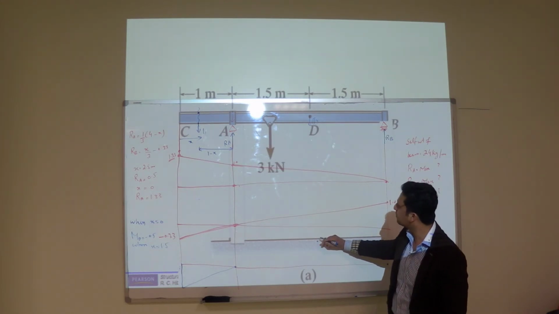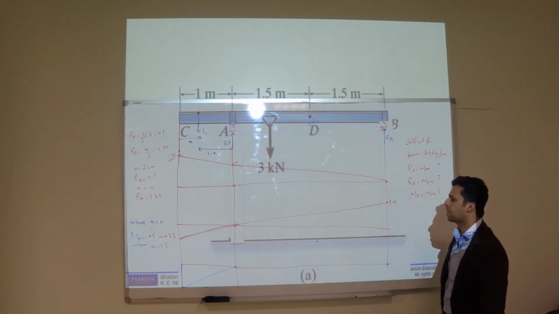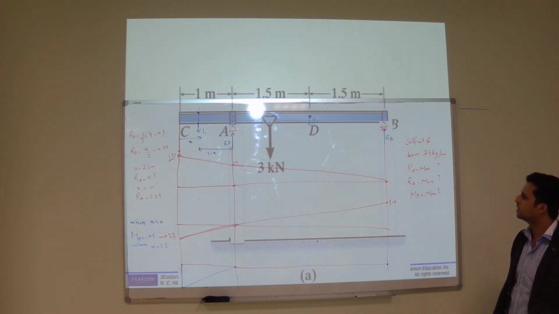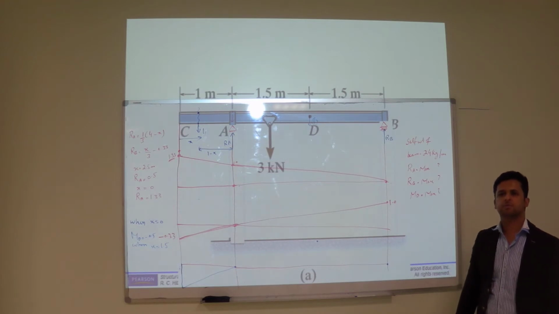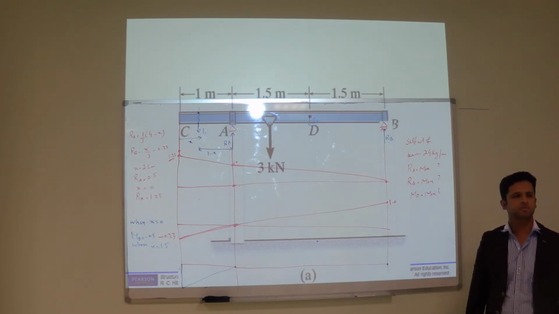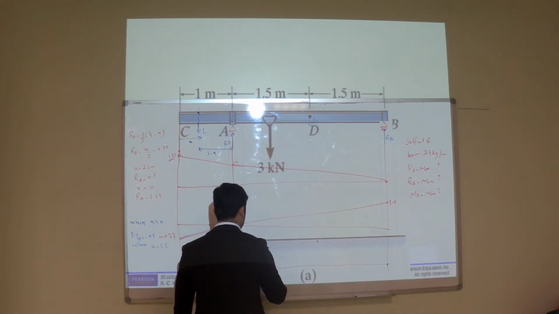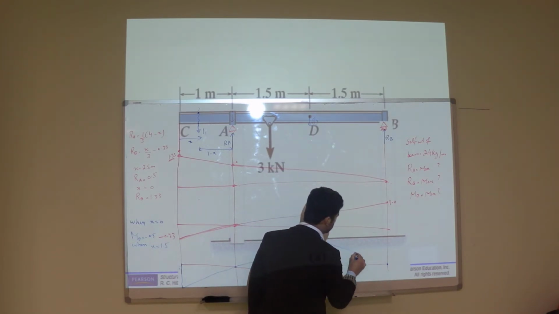How much will be the moment if the load is here at the center? 0.75. You can calculate. 0.5 into 1.5. It's 0.75. Okay. So you have this point, this is 0.75, and then just connect this with this point.